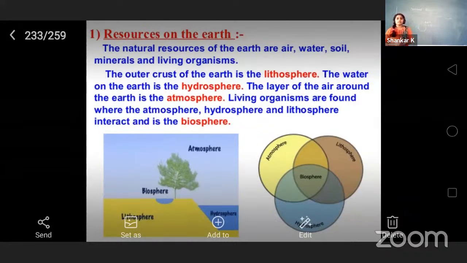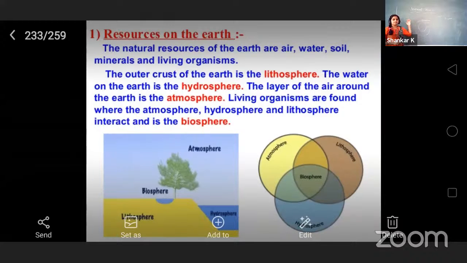The layer of air around the earth, what is that? The earth is covered by a thick blanket of air, which is called the atmosphere. A thick layer of air. The other planets don't have these things. The atmosphere contains all the gases.